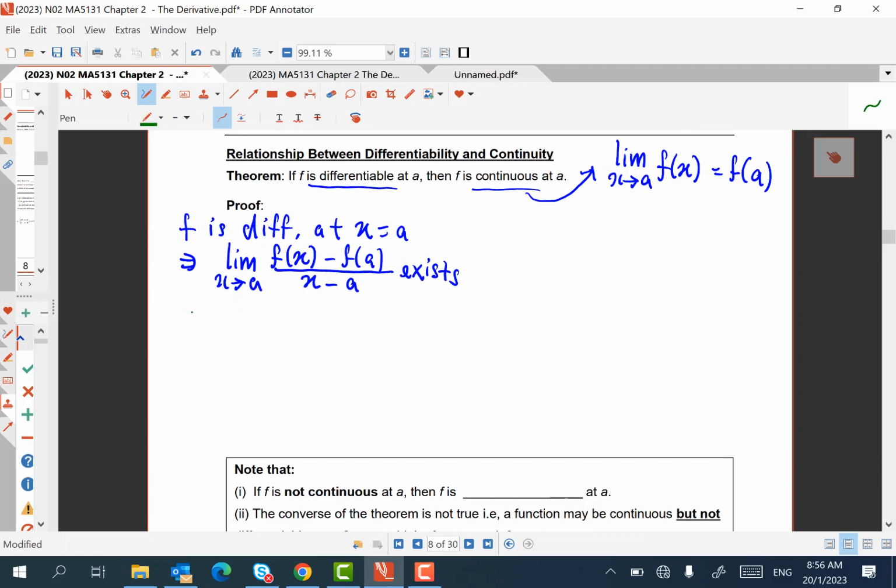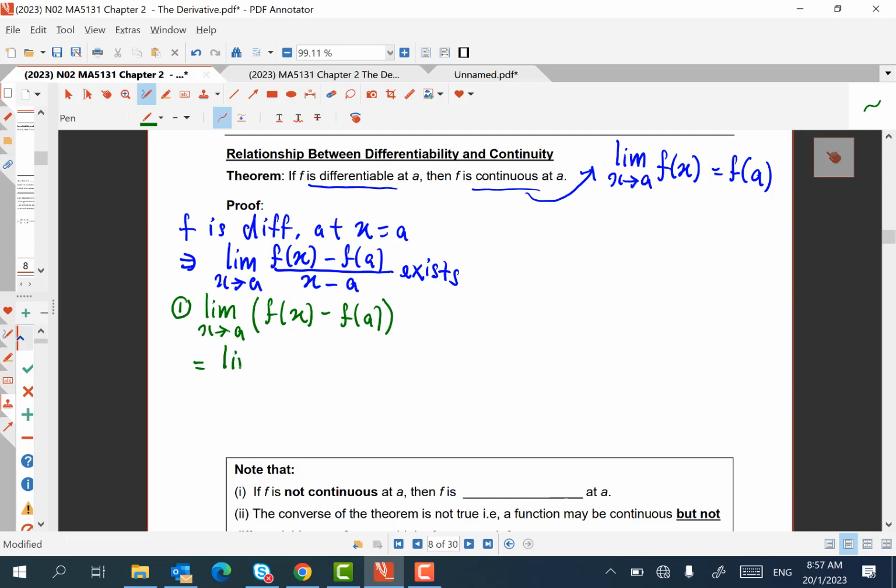So the way to start off is, I intend to first and foremost calculate the limit of this. I hope to eventually show you that this limit is actually going to be 0. Okay, this is my intention.